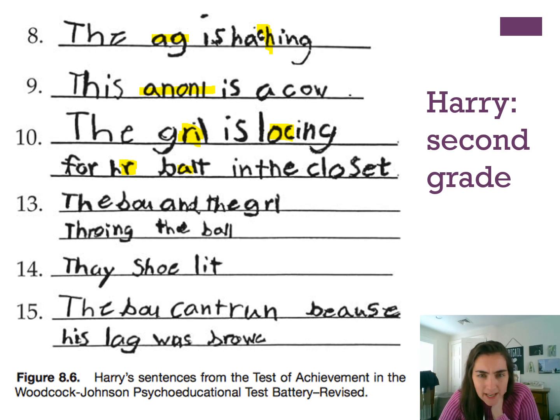The boy and the girl throwing the ball. So throwing, we're seeing an orthographic issue, only showed the O. Boy, he has OU. Probably those diphthongs can be tricky, so that would say ow.